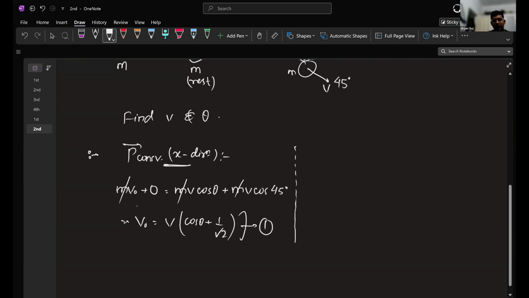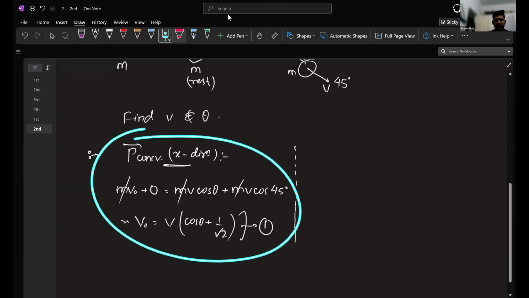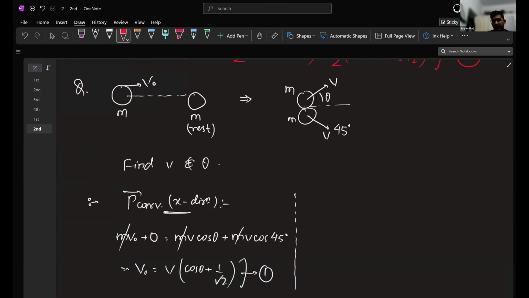Now, is this okay for you, whatever I have written here? Because if I break these velocities down into components, this is going to be v cos 45 degrees in the x direction, and in the y direction it is going to be v sin 45 degrees.